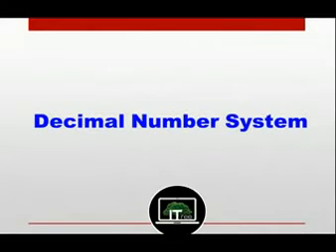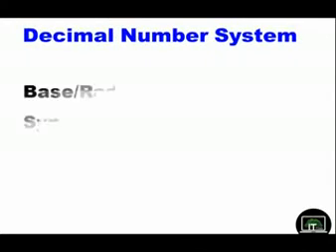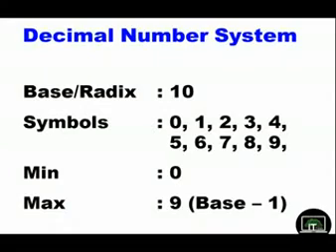Okay, now we discuss our decimal number system. Normally, in day-to-day life, we use the decimal number system, which has 10 different symbols to represent the values. So the base will be 10. The symbols are 0, 1, 2, 3, 4, 5, 6, 7, 8 and 9, because it has 10 different symbols.